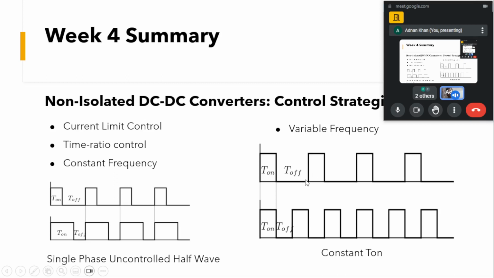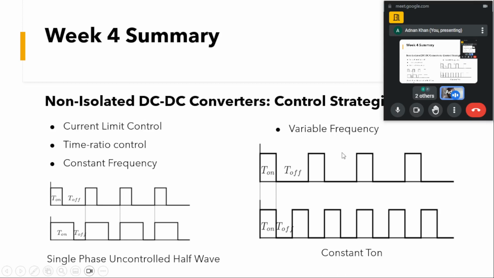In another way, if we are decreasing the T off time, you can see our frequency changes. Here in the constant frequency case, the overall time period of the pulse in the two cases remains the same. That means the time period is similar in both cases, but we are able to change the T on time, by which we were able to have different voltages at the output.